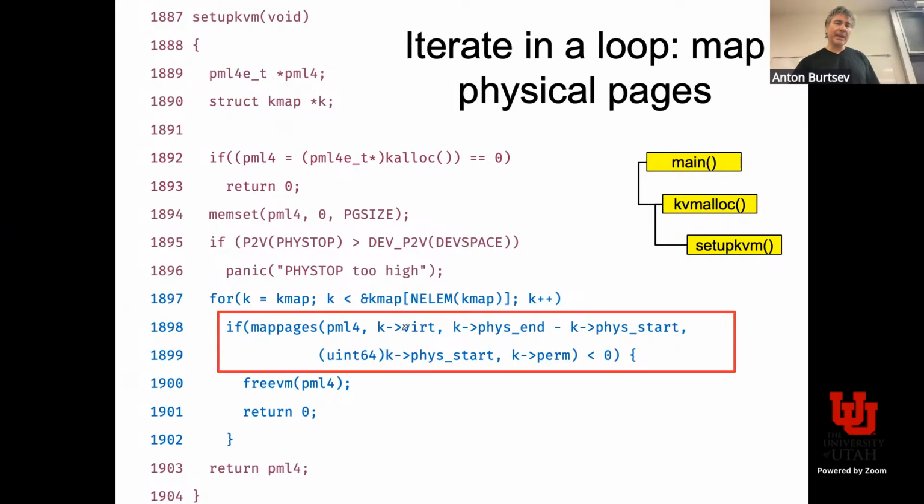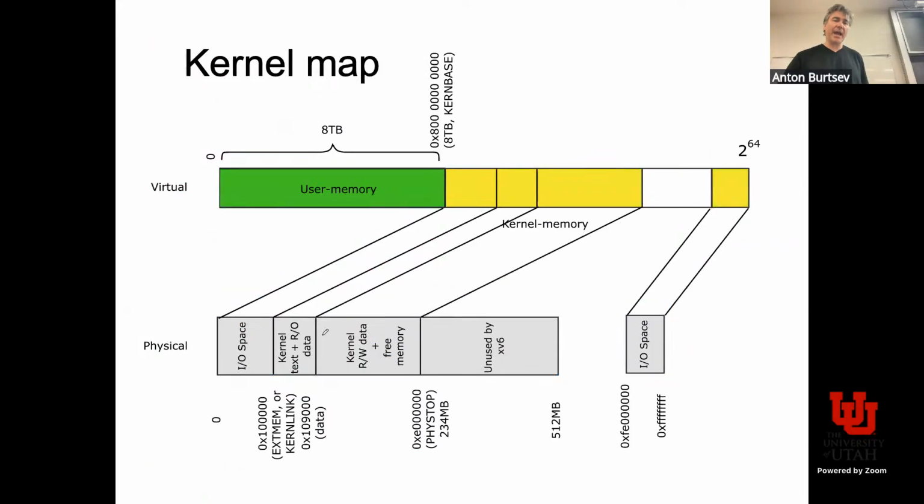But essentially, it takes the pointer to the page table which we're currently using for mapping, the start of the virtual addresses at which we're trying to map, and this k is a data structure which is part of this array, the size of the region, the beginning of the physical address, right? And the permissions with which we map. So essentially we have 4 entries on a kernel map.